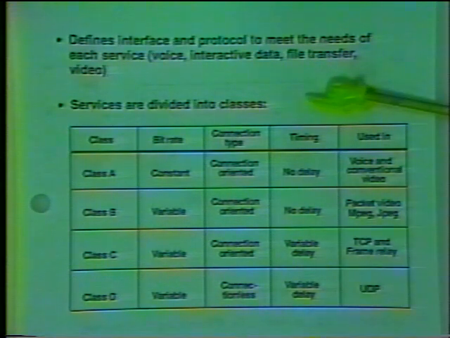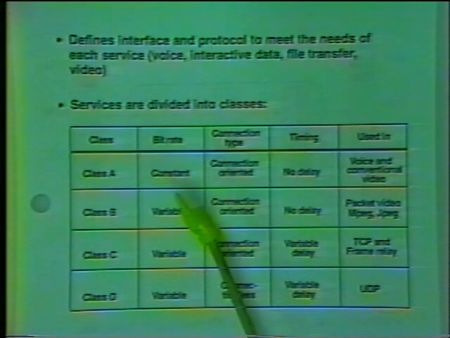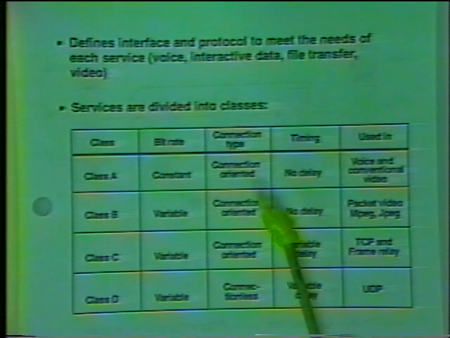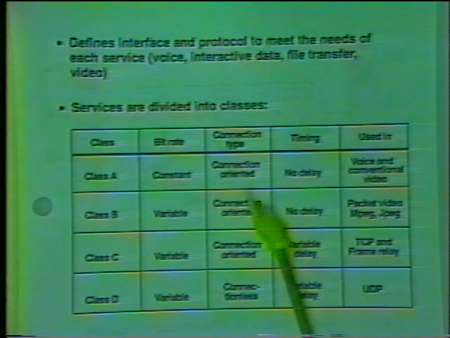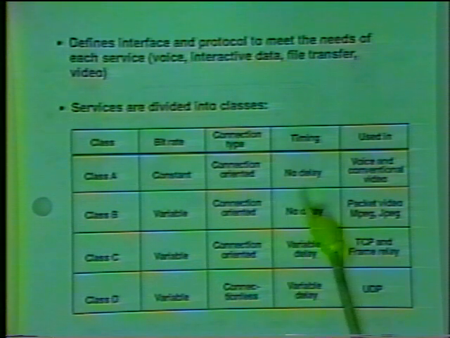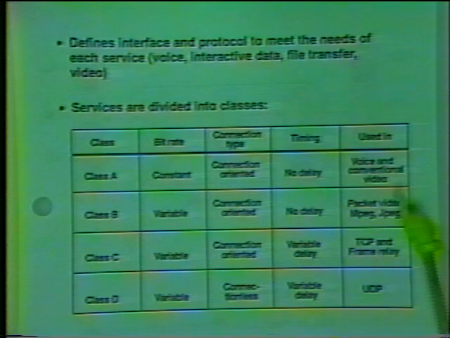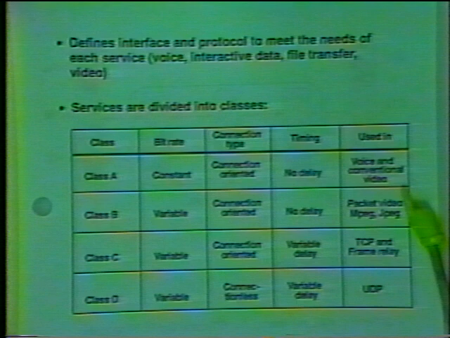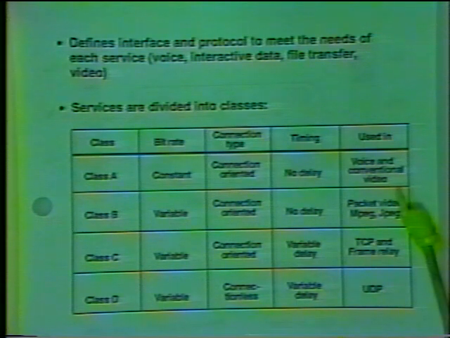We have 4 different classes that we divide our services into. First is Class A, which handles a constant bit rate. Your connection type is connection oriented. There's no delay in the timing of your transfers. And lastly, it says this is most used in voice and conventional video, and conventional implies that it's uncompressed.